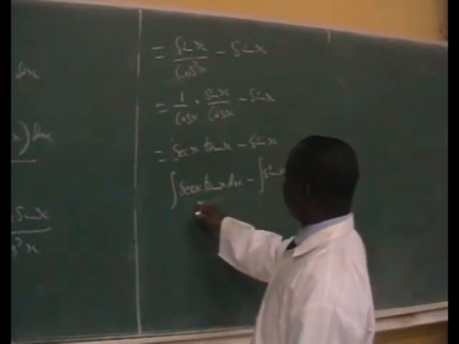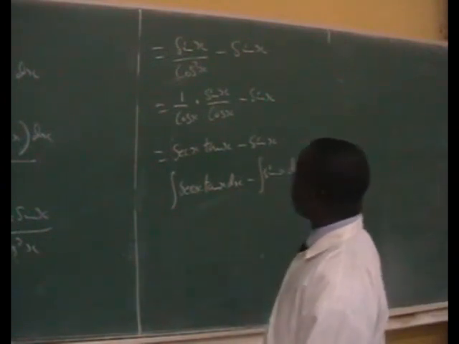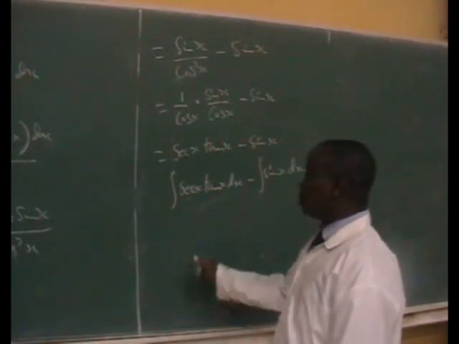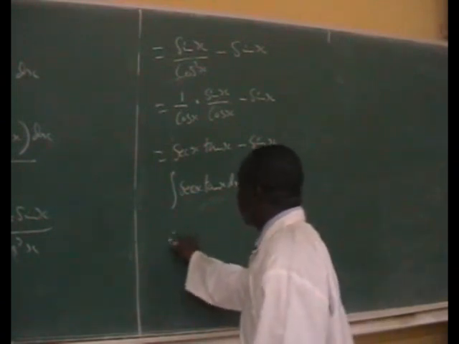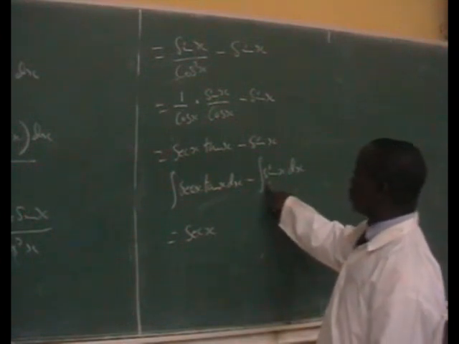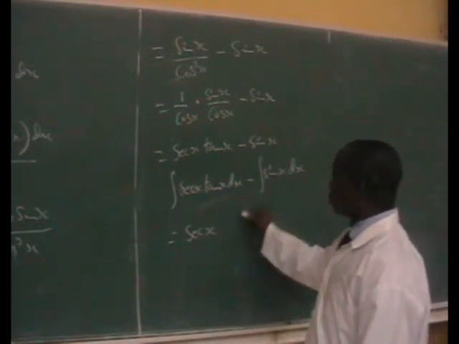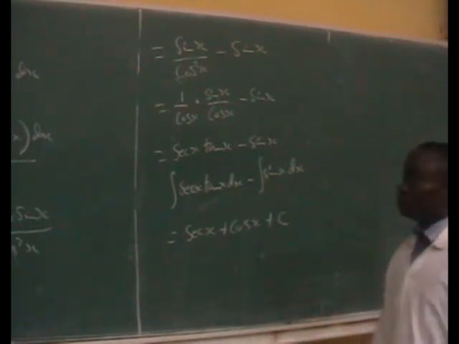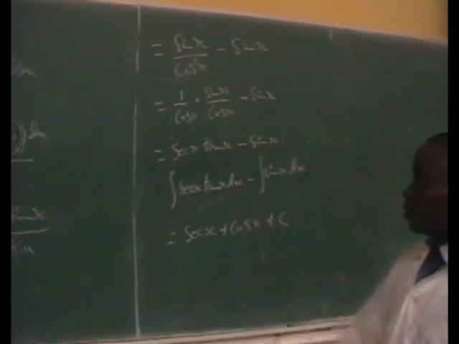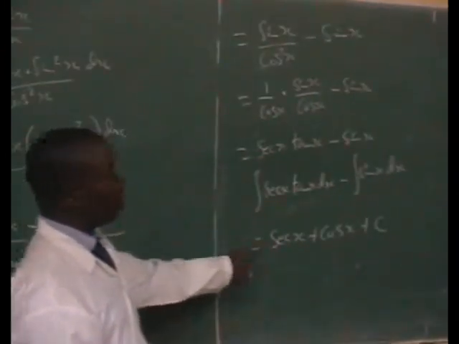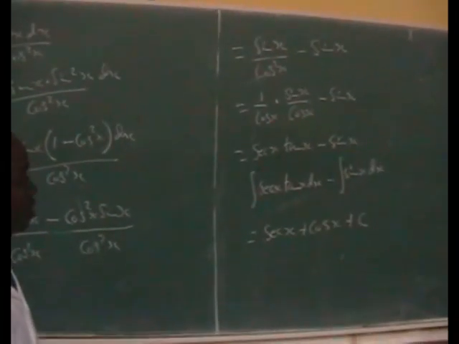So we know that if we differentiate sec x, we have sec x tan x. So now that we are integrating it, we have sec x. Now if we integrate this, we have minus cos, so that minus times it, we have plus cos x plus c. So that is how we can evaluate such an integral. You see how important identity in trigonometry is when we want to express this.